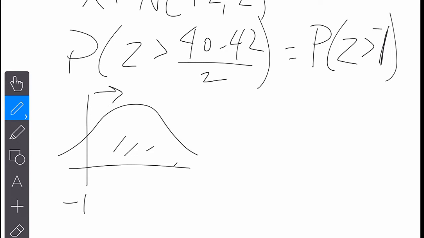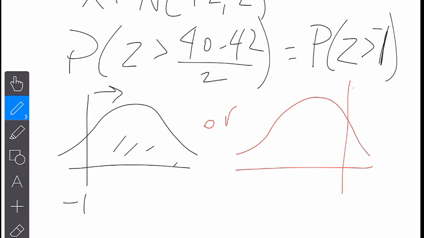So I can look at the left side from my tables and subtract off 1, or I can use the left side of the 1 to get the answer. If you change the direction and the sign, you're going to get the same answer. If you change the direction and make this a positive, that's the same.